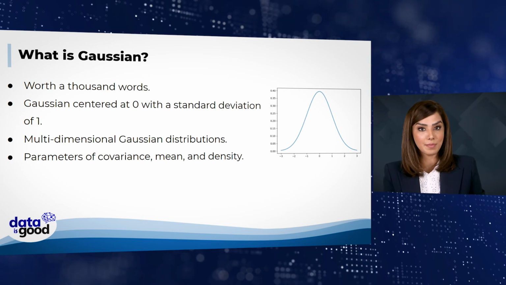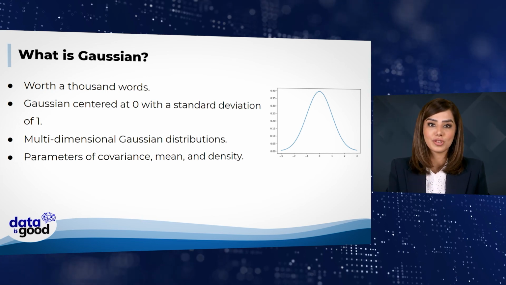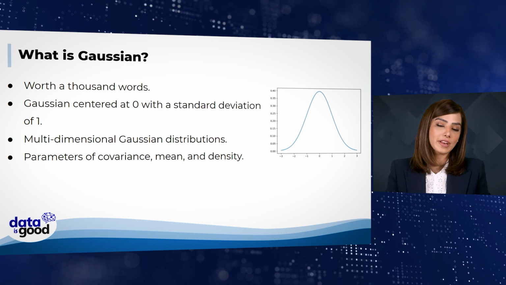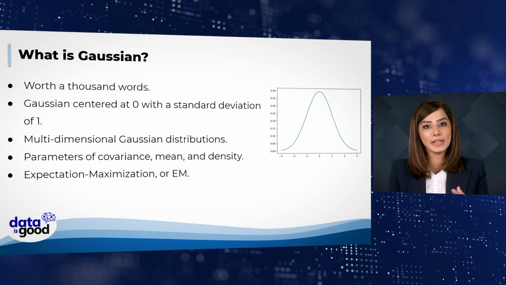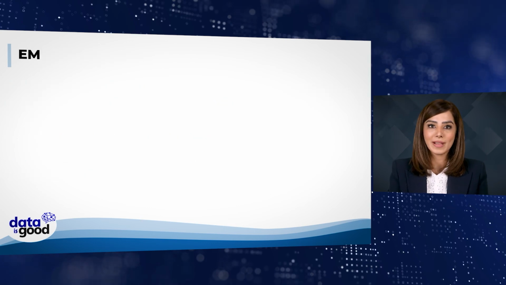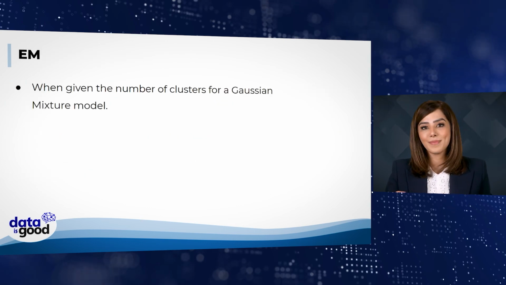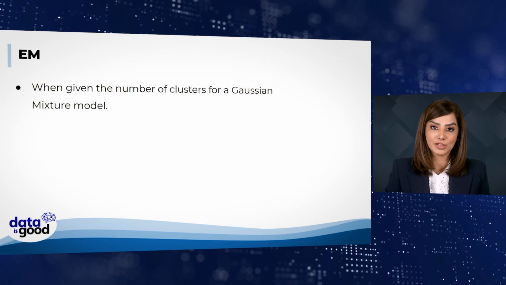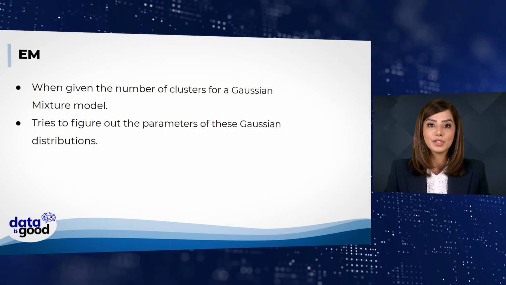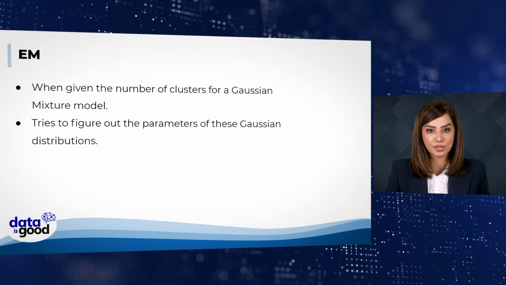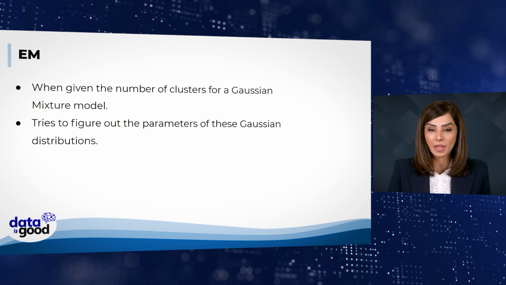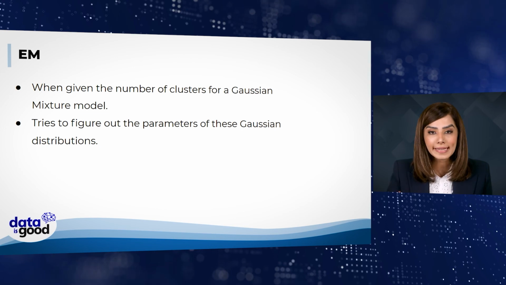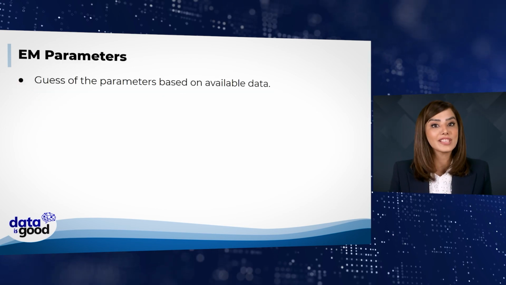And another very important thing is that Gaussian mixture models work based on an algorithm called expectation maximization, or EM. So let's take a closer look at EM. When given the number of clusters for a Gaussian mixture model, the EM algorithm fits these Gaussian distributions in a step-by-step approach. The first step, the E step, makes a guess of the parameters based on available data.